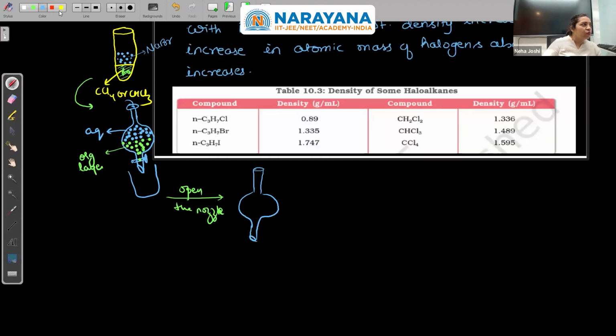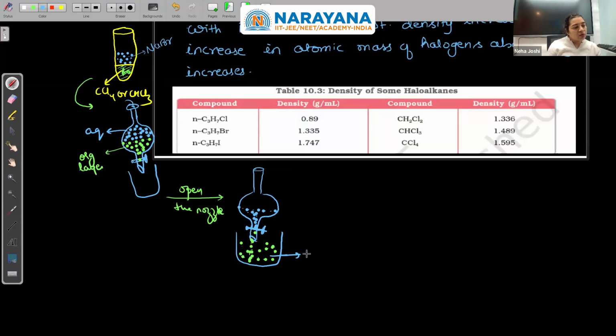So my beaker will start having green liquid coming out of it, and the blue liquid will now remain here. Is that absolutely clear? So that type of question you can expect on this simple density thing.